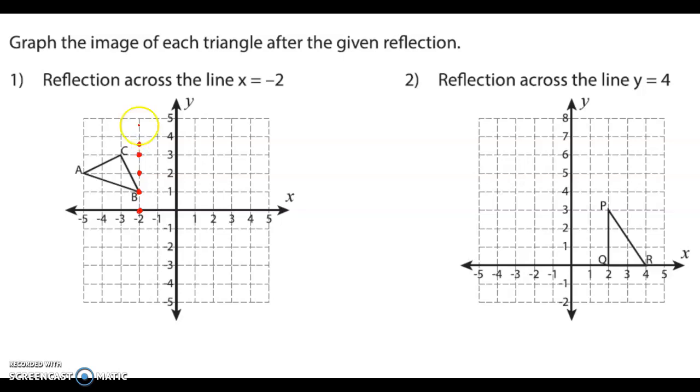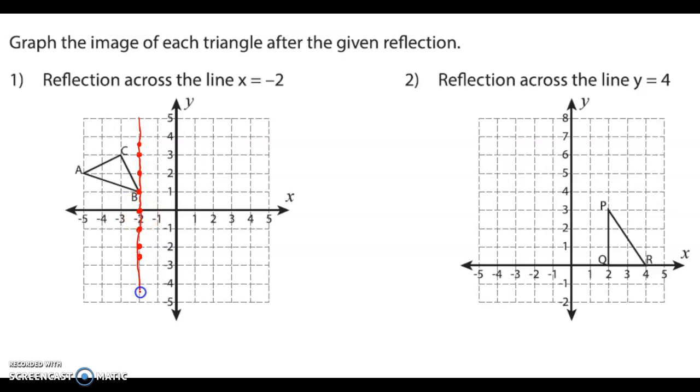-2, 3.5. So these are all the points on this coordinate plane in the positive direction that have -2 as their x value. Let's look. There are some negative points, or points that go below the x-axis, as well. So -2, -1, -2, -2, -2, -2.5.